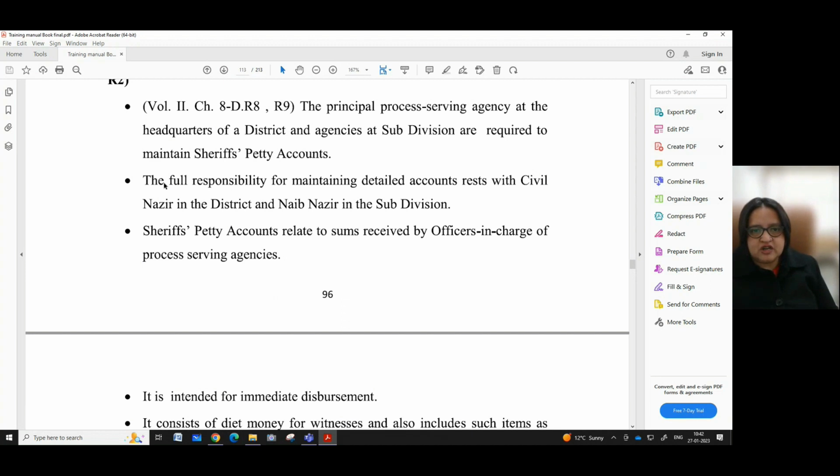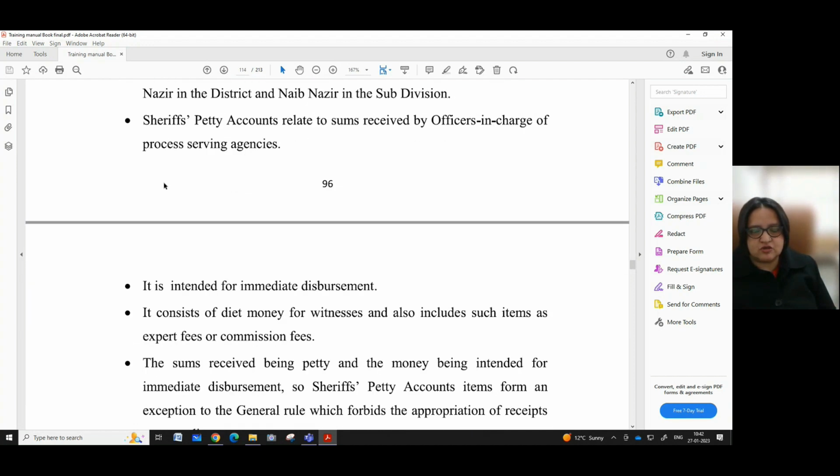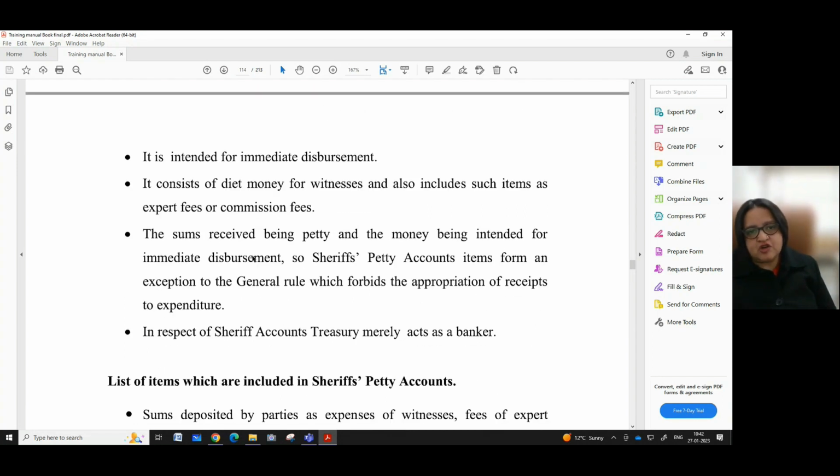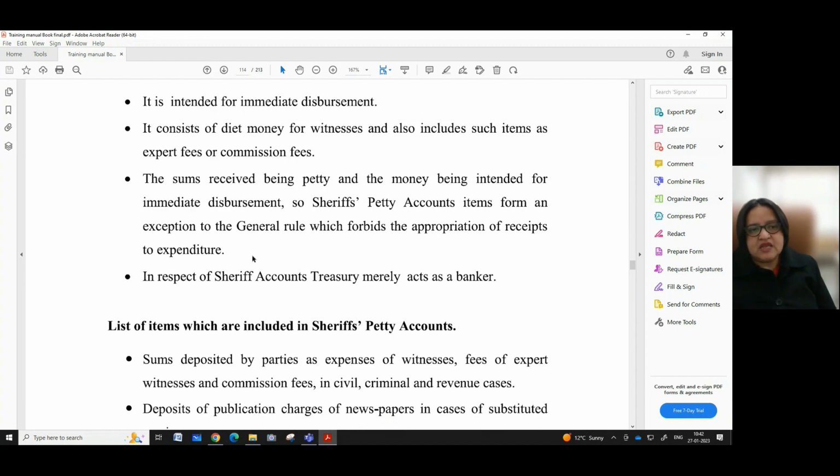The full responsibility for maintaining the detailed accounts rests with Civil Nazir in the district and Naib Nazir in the subdivision. Sheriff petty accounts relate to sums received by the officer in charge of process serving agencies. It is intended for immediate disbursement. It consists of diet money for witnesses and also includes such items as expert fees or commission fees.